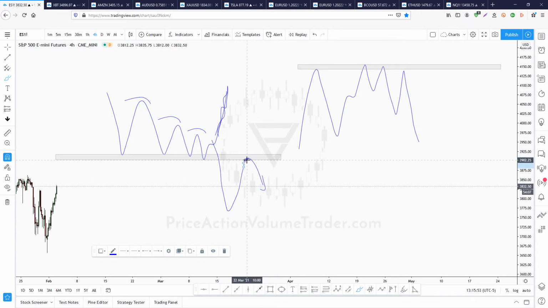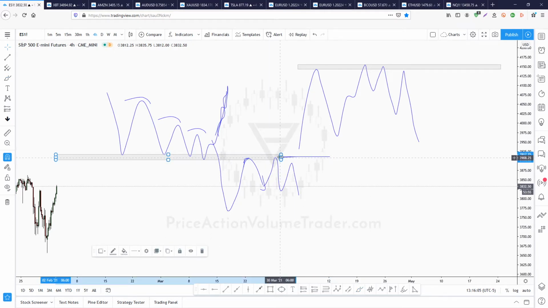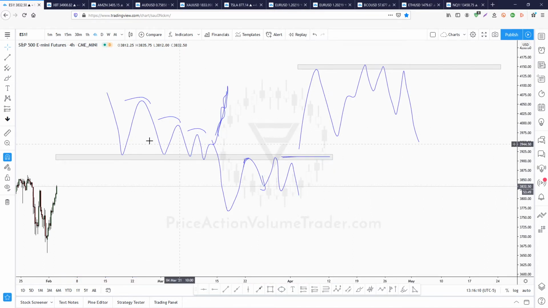If we come to the other side and we reject, and we just start coming back and reject more, now this level is gaining strength. The more times a level is touched from either side, the stronger it becomes, because we're seeing that it's reacting in both directions, from above and from below.